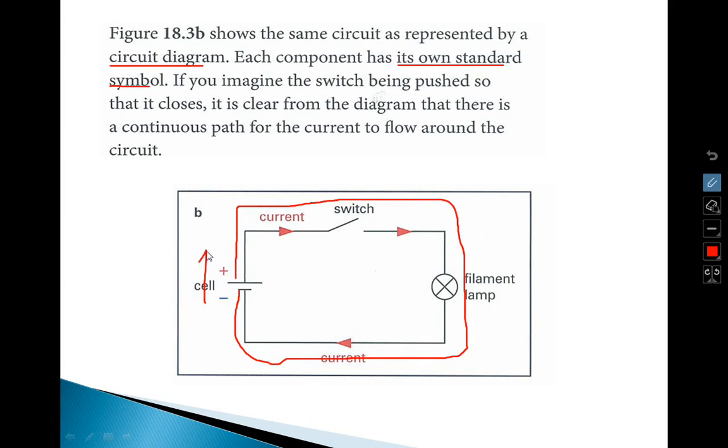I always start from positive and return to the negative part. And this is the symbol for what? Switch. The switch here is open, so there is no current. Current cannot move here. And when we close the circuit here, the current can move through the whole circuit.